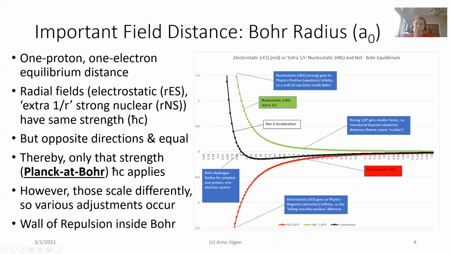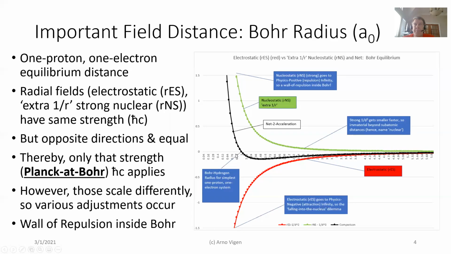But the funny thing is that at the Bohr radius for hydrogen, which is the simple one-to-one interaction, both forces are exactly the same, but opposite in direction. And more importantly to why they don't fall in, as distance gets smaller, 1 over distance cubed actually gets bigger faster.